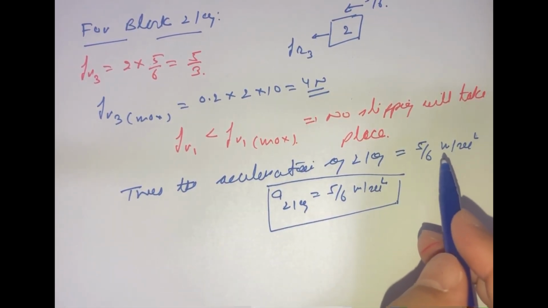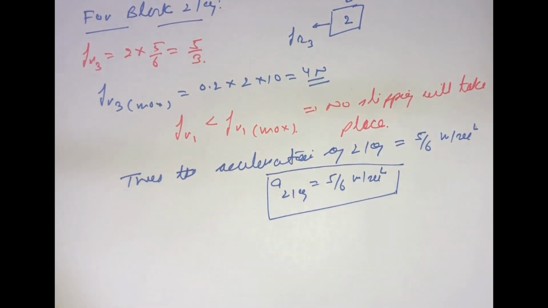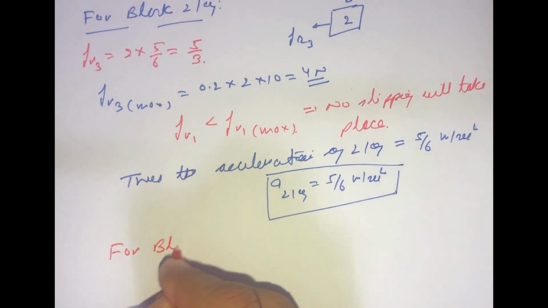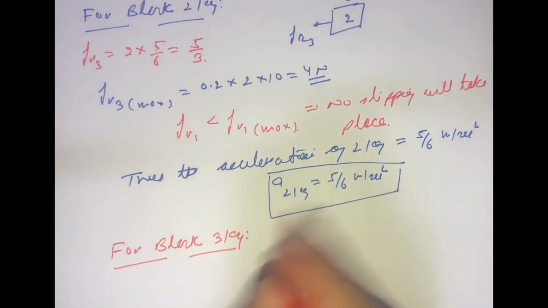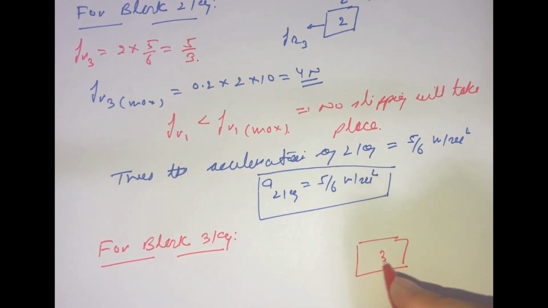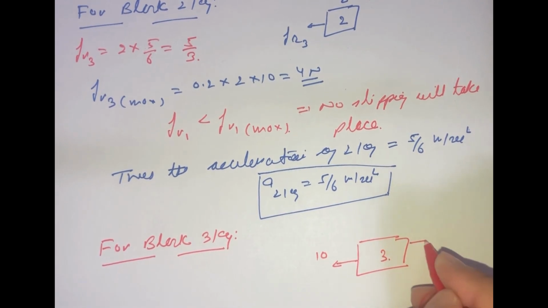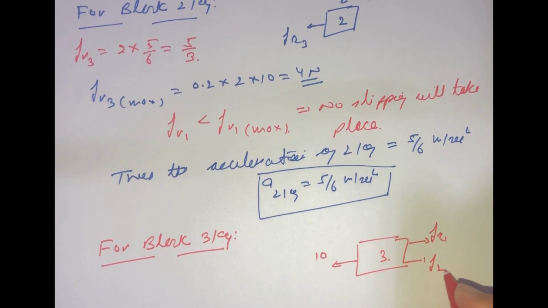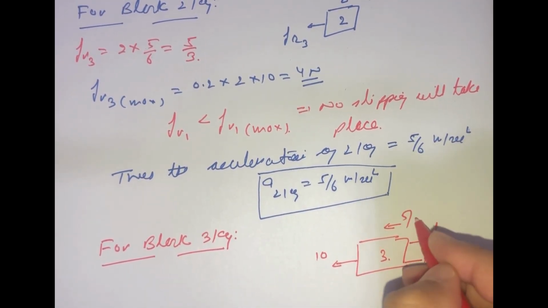Now let us find out for 3 kg. We can say for the 3 kg block, the force that is being applied is 10 Newton, and we have FR1 and FR2, and the acceleration is given as 5/6.